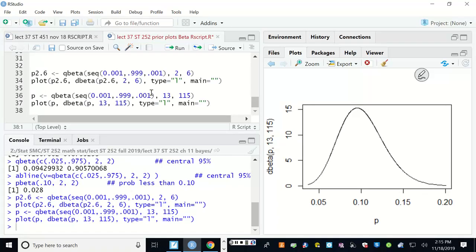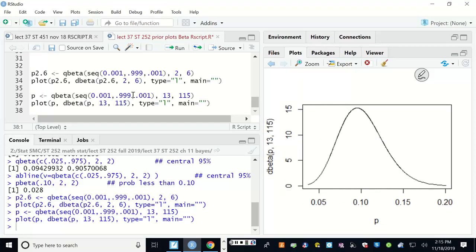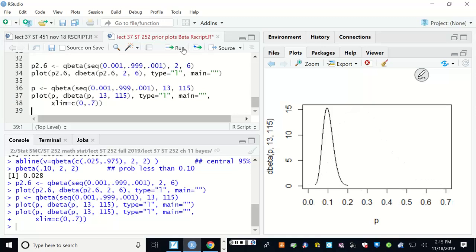So what was the previous one? Try to put these things on the same plot. If this is on the x limits, they are kind of like they had before, 0 up to 0.6. This one was actually 0 up to 0.7. We'll see this thing kind of more.